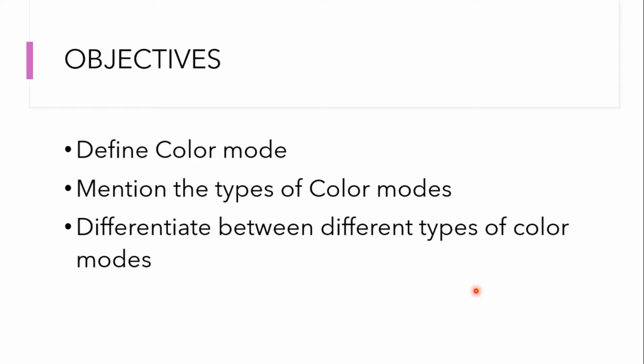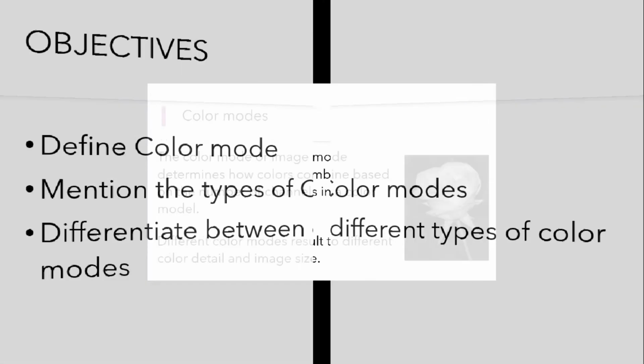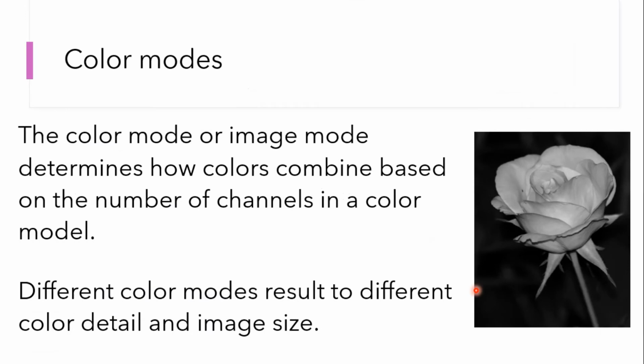Now, what is this color mode? Color mode or image mode determines how colors combine based on the number of channels in a color model. We have different color modes available in Photoshop.